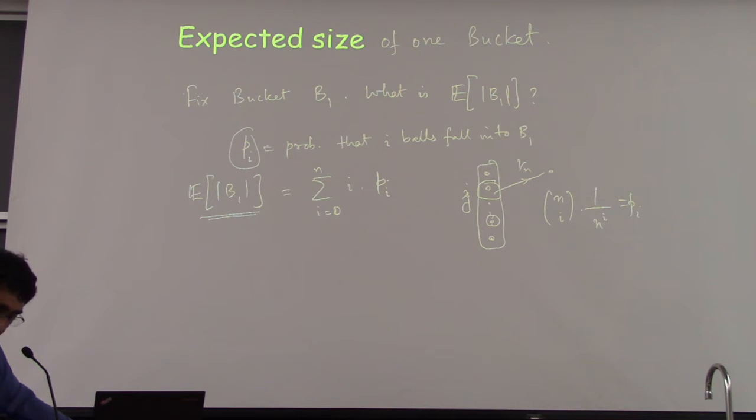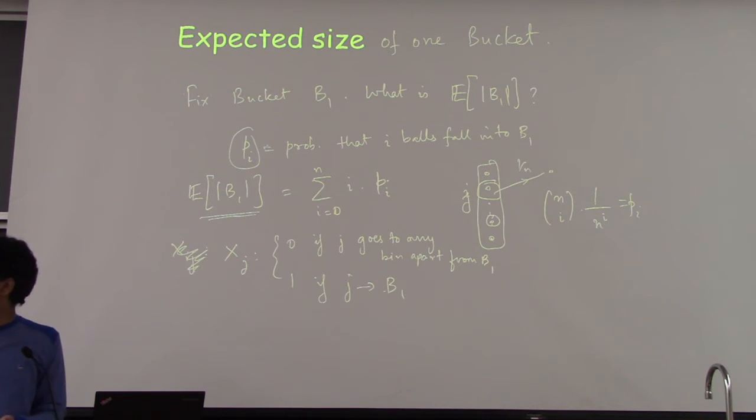So let's define x_j. This is a 0 or 1 random variable. It's 0 if ball j goes to any bin apart from B1, and it's 1 if j goes to B1.